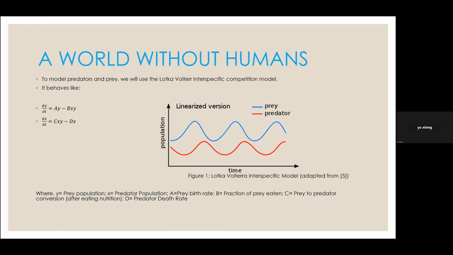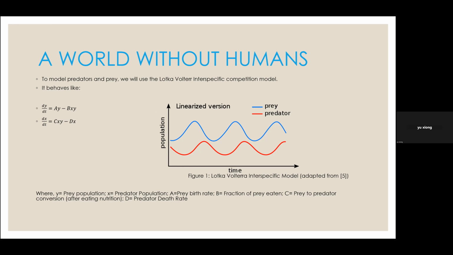Basically, we're introducing a 2-dimensional competition model, where we introduce the prey and the predator. We're using Y for prey and X for predator. We are interested in how they react to each other, so we assume there is a time dependence.